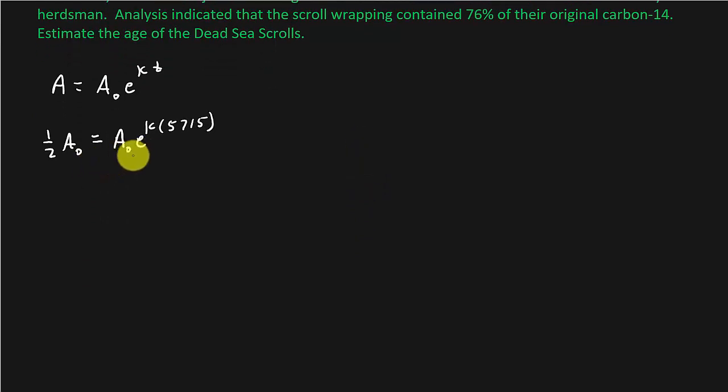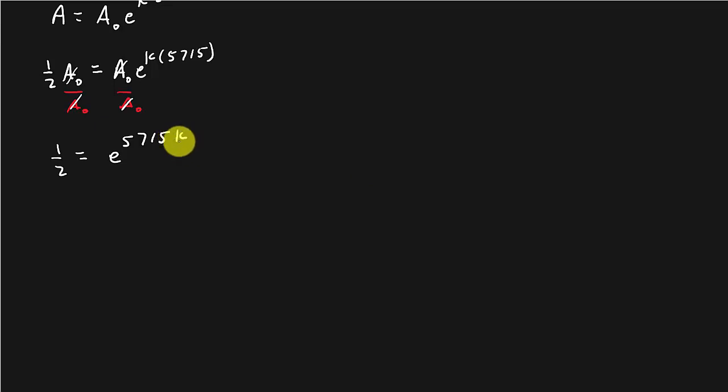Now, if we divide both sides by A naught, we end up with 1/2 equals, and these cancel out, e to the 5,715k. I just wrote the number before the k, that's all. And now what we need to do is solve for k.